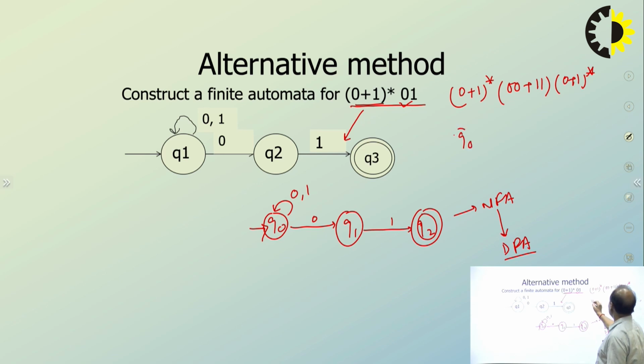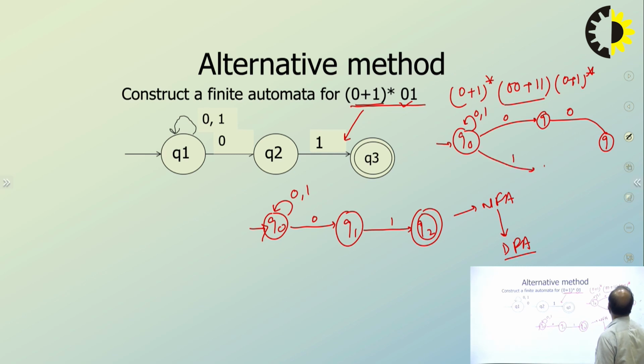Here you are not changing state for (0 plus 1) star, and then this is the next part, right? So go here on 0 with concatenation, then 0 again, go here, right? And then again by 1, go here and again by 1.